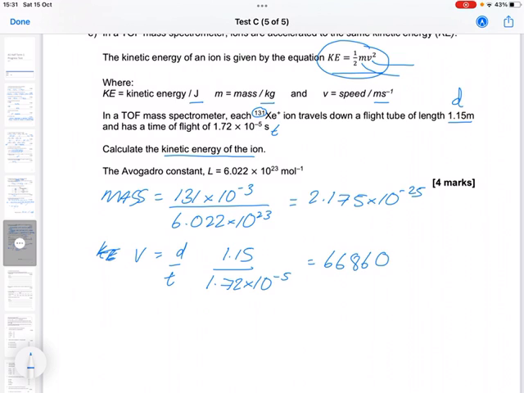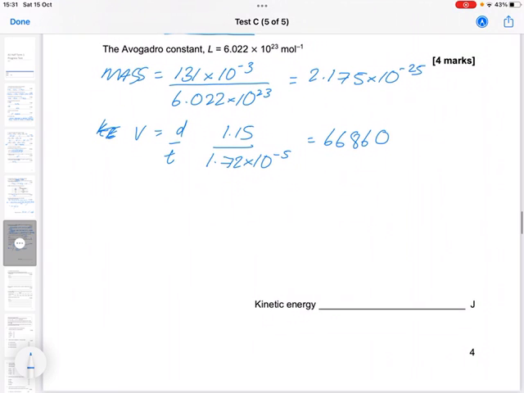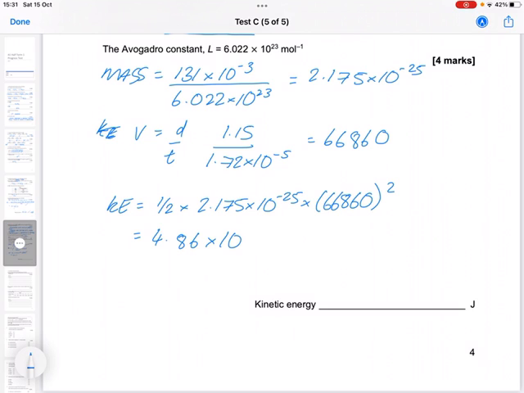Now I can work out my kinetic energy from that. So kinetic energy is equal to a half times the mass times the velocity squared, which equals 4.86 times 10 to the minus 16.